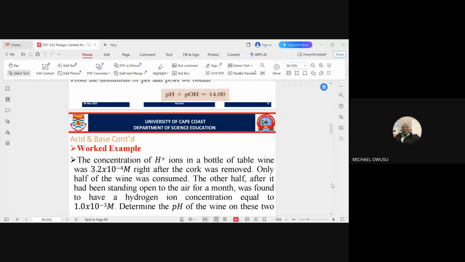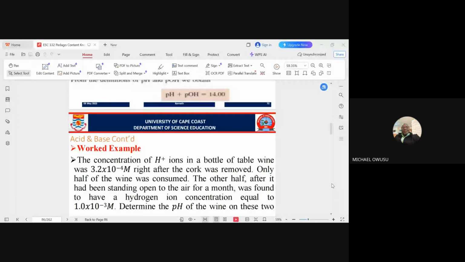So let's go. Are you ready? Yes, Doc. Okay, let's go. Calculate the concentration. This is the problem of the day under the pH, then we go to the next one.